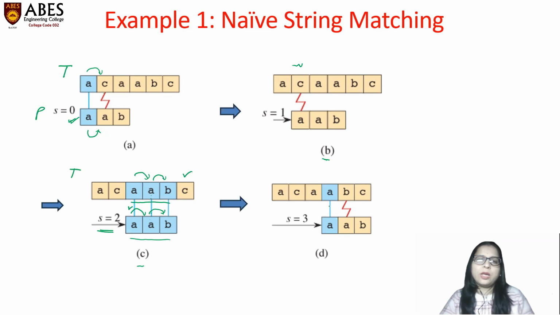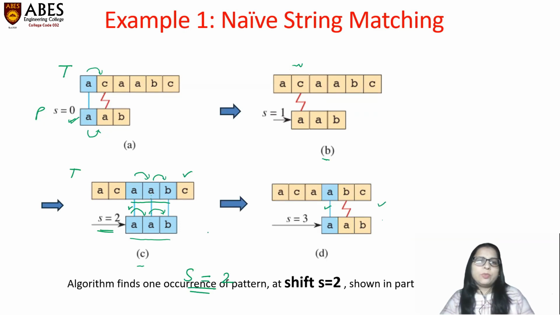So here A is matched with A, then B does not match with A. So now this process will stop because there is no going further. So we got our answer. It returns the value S is equal to 2 as our answer. So this is the naive string matching algorithm.